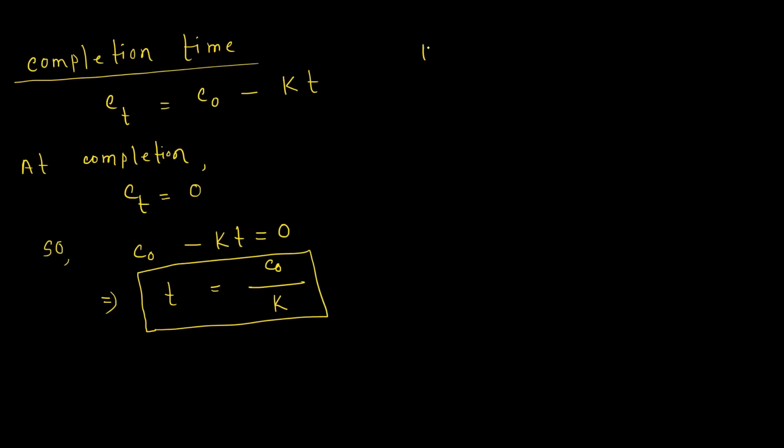Now we will calculate half-life for a zero order reaction. So we again write the expression Ct is equal to C naught minus Kt.